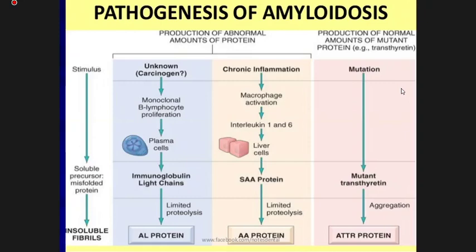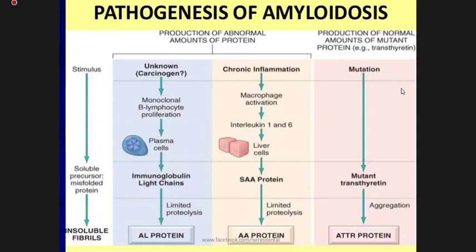This is when it can be misfolded and form AL protein. Although I say these immunoglobulin light chains are normal, because of their high amount, sometimes they don't function as normal light chain proteins. You will learn that later in multiple myeloma in hematology.